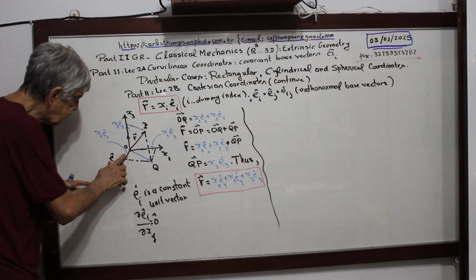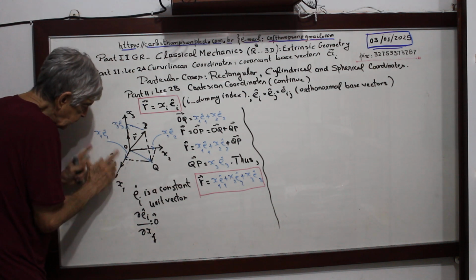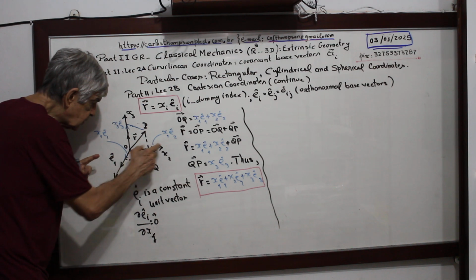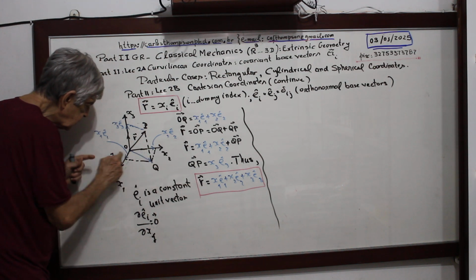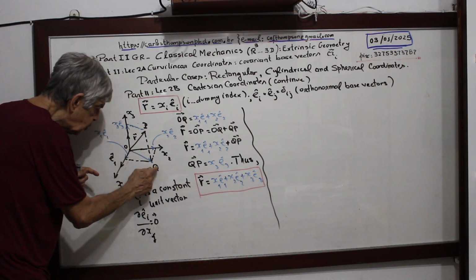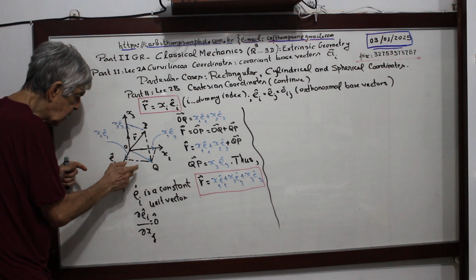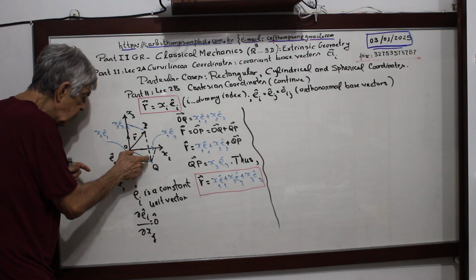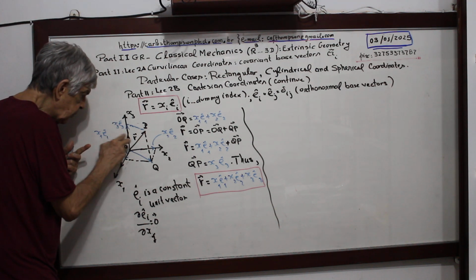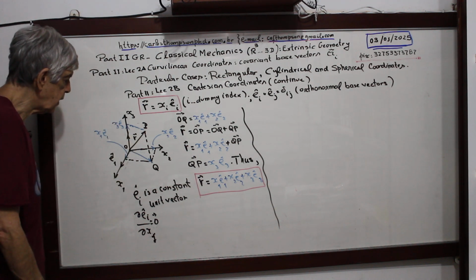If I sum this vector with this vector, I obtain the vector OQ. So OQ plus x3 e3 leads to the position vector r.